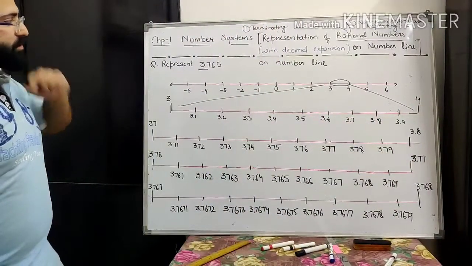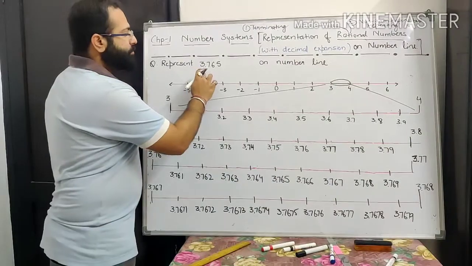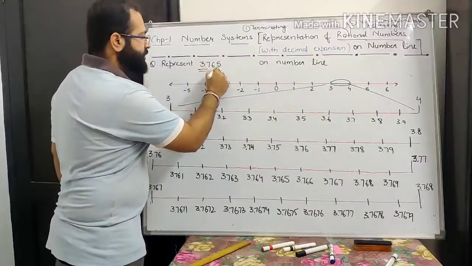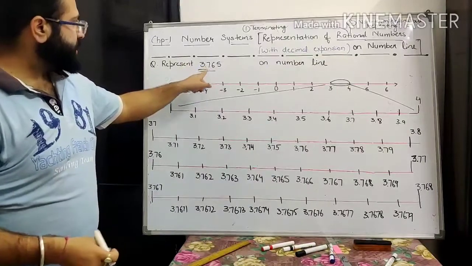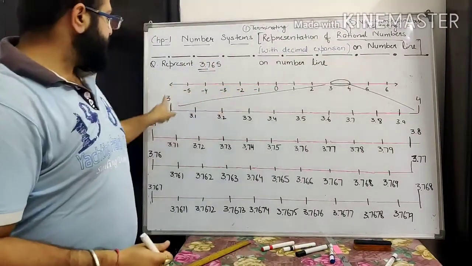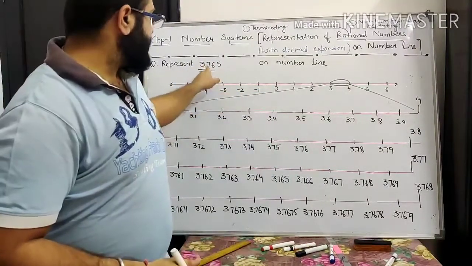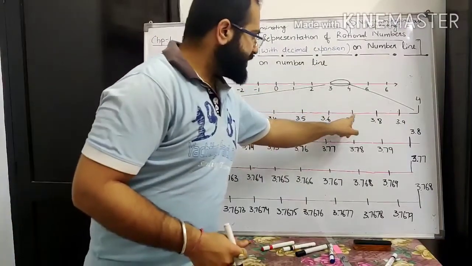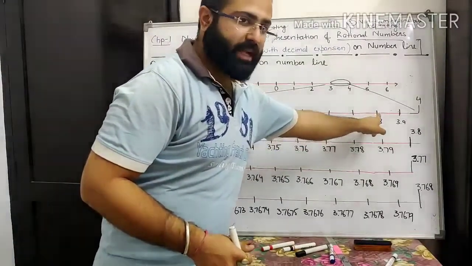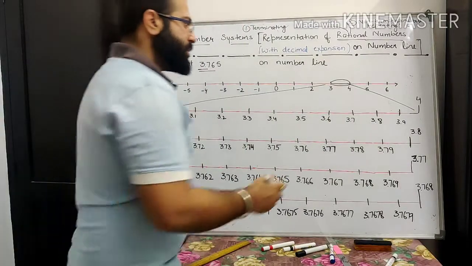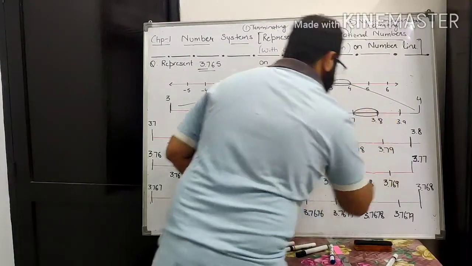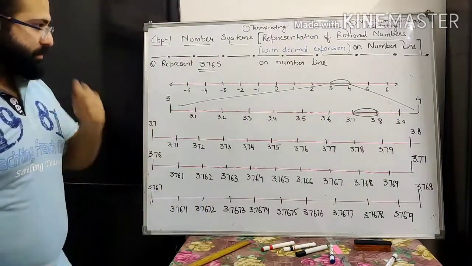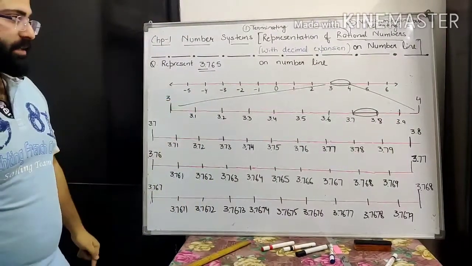So now coming to the number again, we have 3.76. So 3.76 will lie between 3.7 and 3.8. So again, what we need to do, we need to magnify the scale between 3.7 and 3.8.